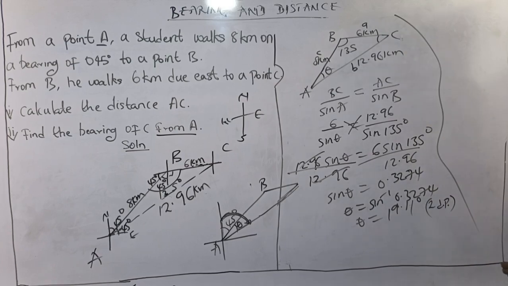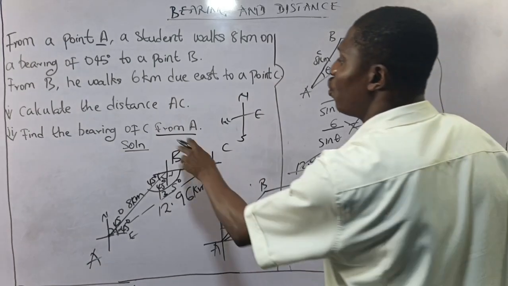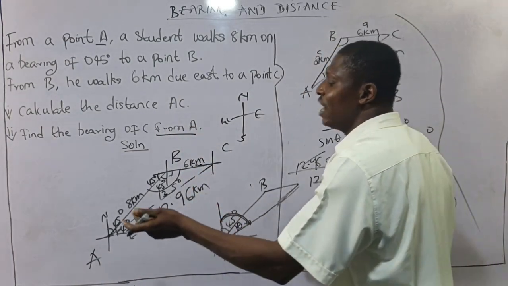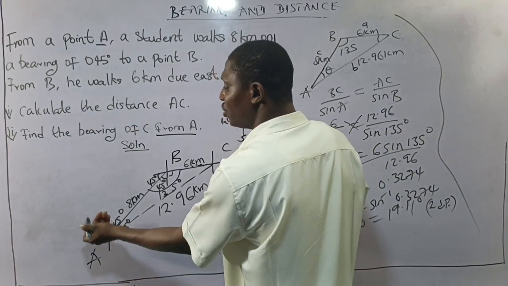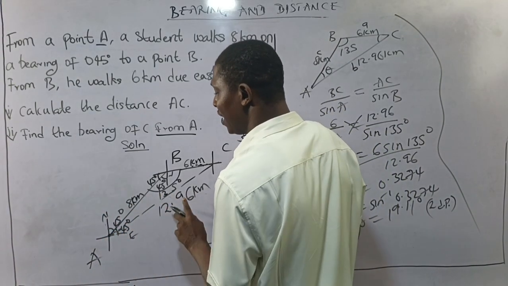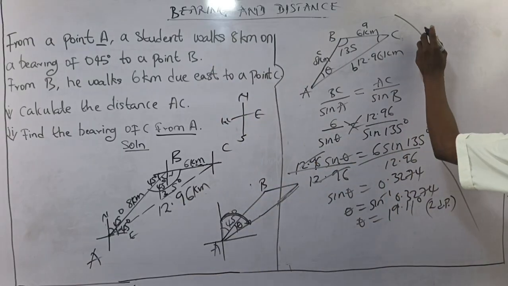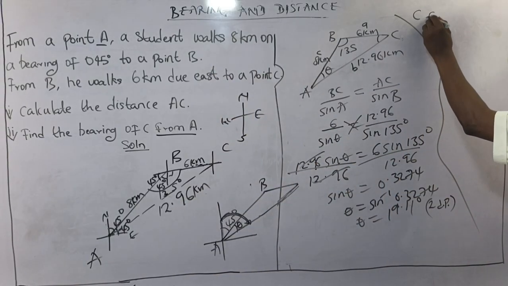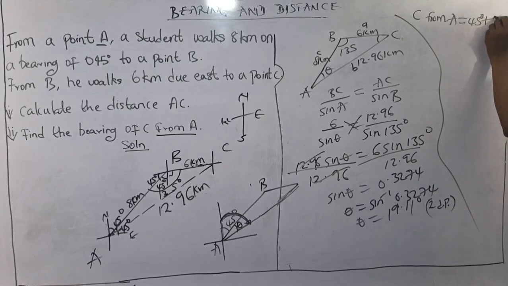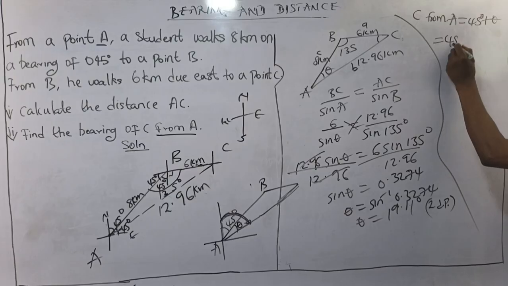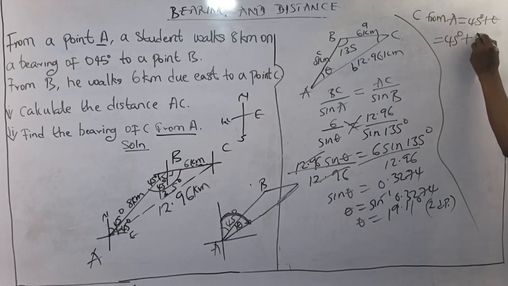Now, if I've gotten my theta, like I told you, the bearing of C from A is the angle subtended from the north of A till it touches the line that connects AC. So I will have the bearing of C from A equals 45 degree plus my theta, which is 45 degree plus 19.11 degree.